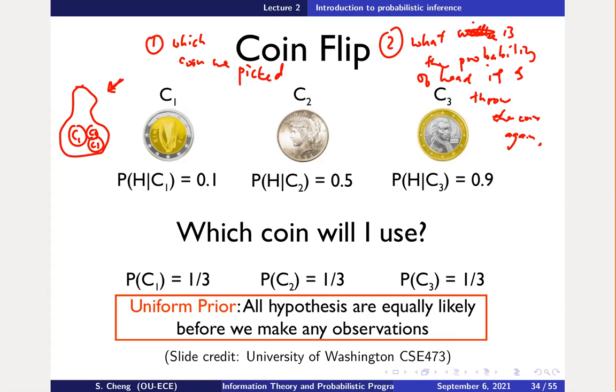So we use this example to illustrate the difference between maximum likelihood, ML, the MAP method, maximum a posteriori probability, and also Bayesian.